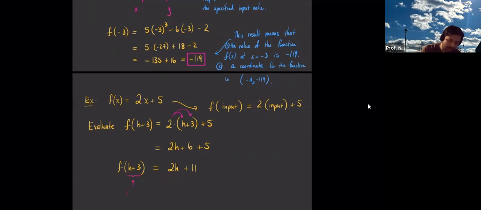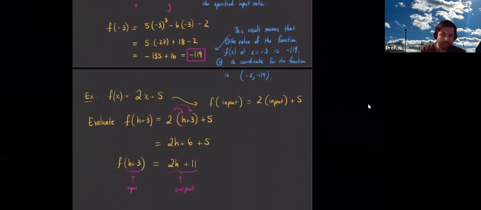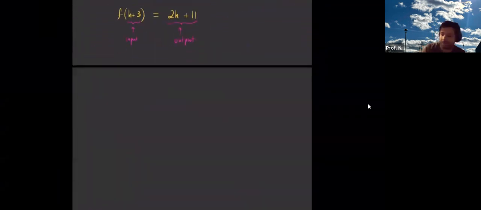So again, this is my input, and the result of that is my output. I just evaluated a function. The only difference is, in this particular example, it's an algebraic expression, which has letters in it. And in the previous example, we only had numbers in it. But the process, the idea is exactly identical. So that's evaluating a function.